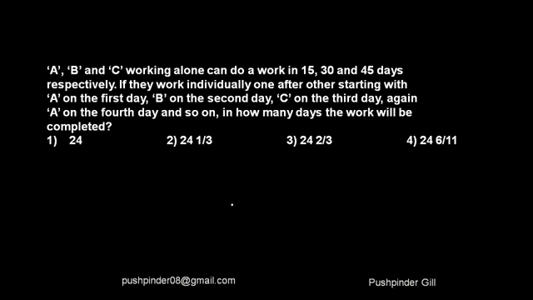Again, A here is able to finish the job in 15 days. B over here is able to finish the same job in 30 days. And C here is able to finish the same job in 45 days. So what we need to do is assume the work to be of some number of units.